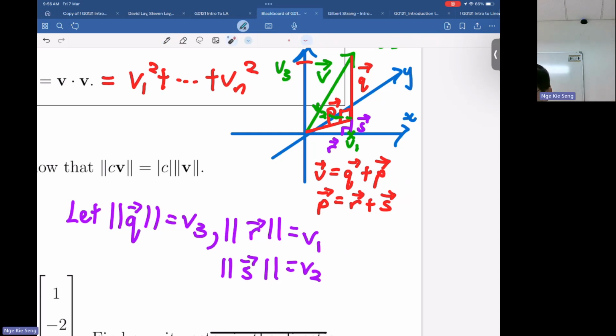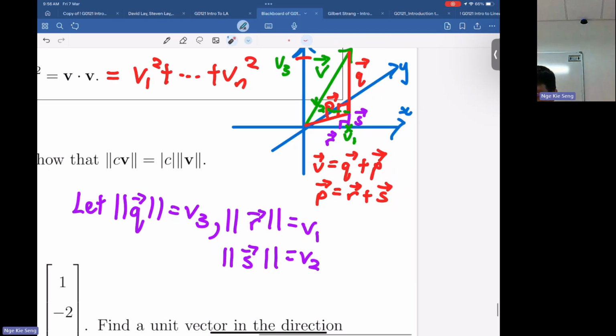Okay, because why? Because R is the length of V in the X direction, and X corresponds to the position of the Y position of your V. Can you see or not? Everyone see? Maybe this picture is a little bit off, but it's okay.